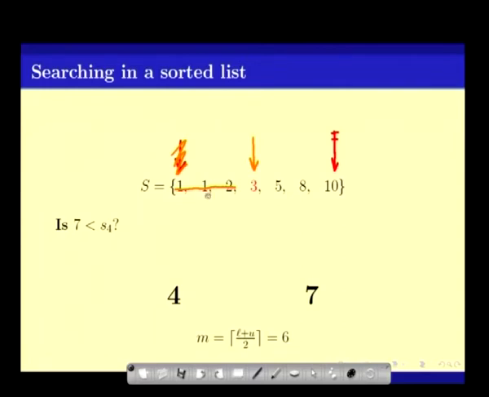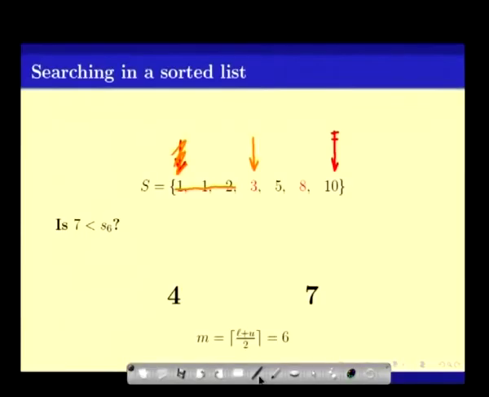So, which is 6, 1, 2, 3, 4, 5, 6. So, 6 is the number 8 in our case, and we compare, is 7 less than S 6? The answer is yes, 7 is strictly less than S 6. What does it mean? It means that if 7 exists, it cannot be S 6 or S 7. Thus, we can safely erase anything greater than or equal to S 6.